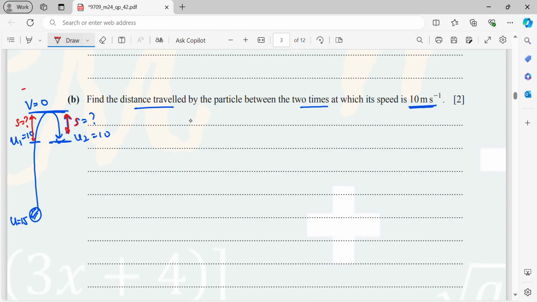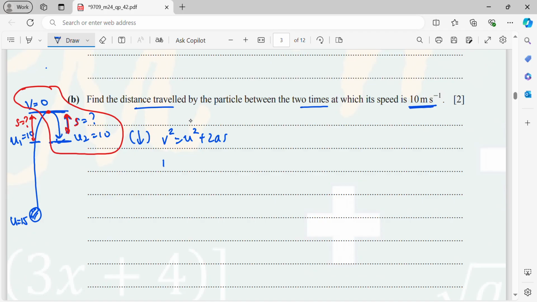Alright, so from here I can just use the motion when it reaches the highest point and goes down. So what is the distance? I will write v squared equals u squared plus 2as. I consider moving down from the highest point.